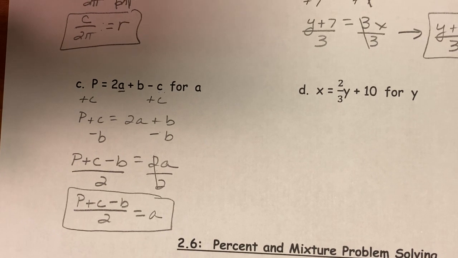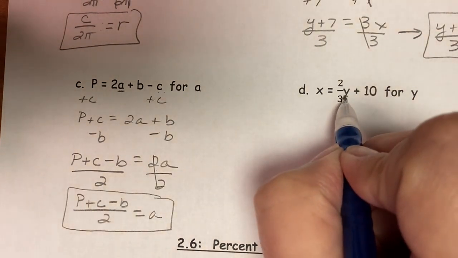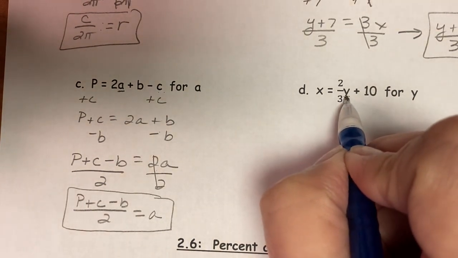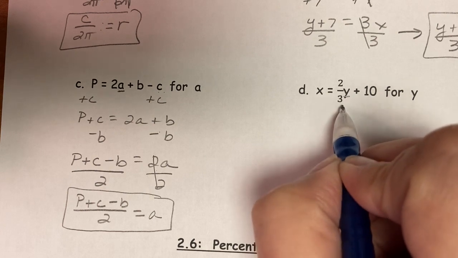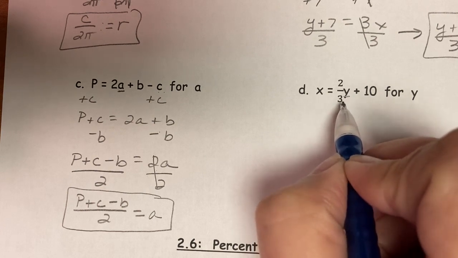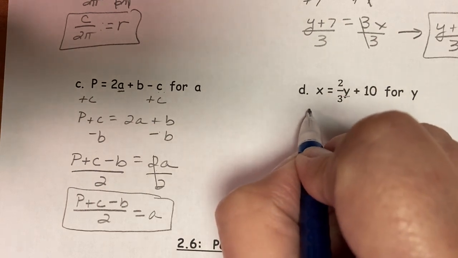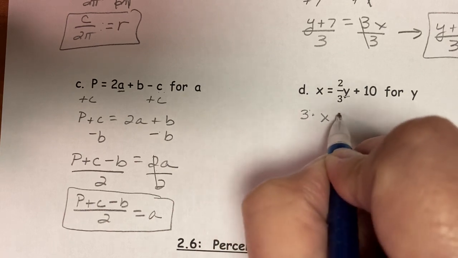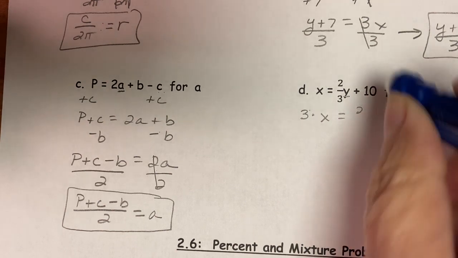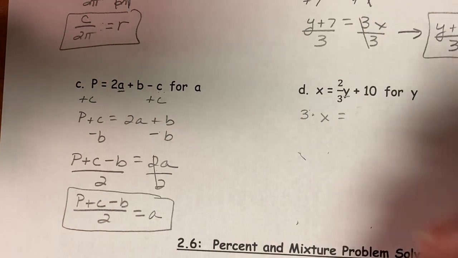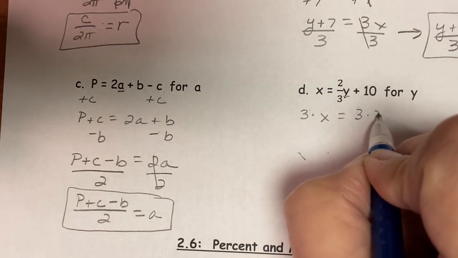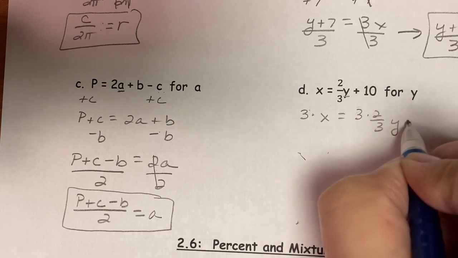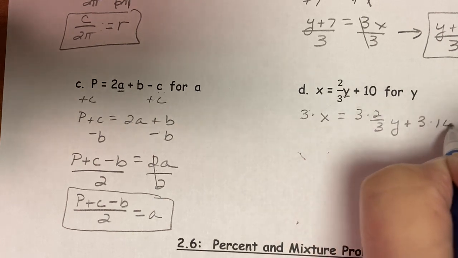All right, last one. Now we want to solve for y. So we want to get the y alone. So notice for this one, you've got a fraction. You've got that 3. Let's eliminate that fraction by multiplying everything through by 3. So 3 times x, 3 times 2/3 y plus 3 times 10.